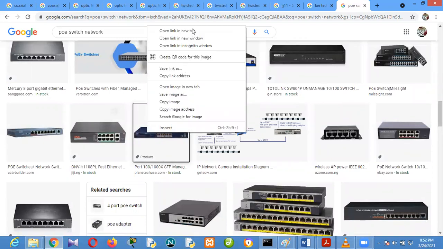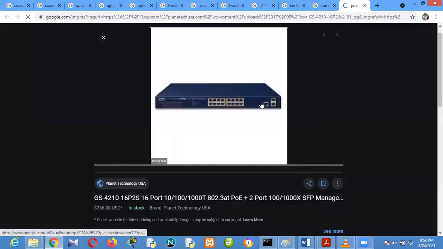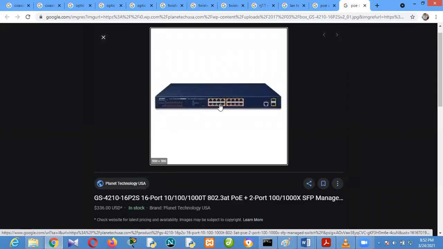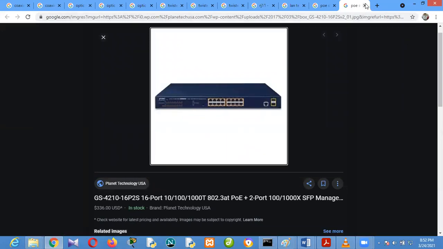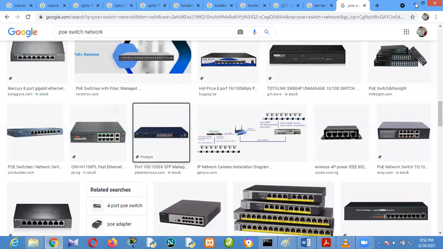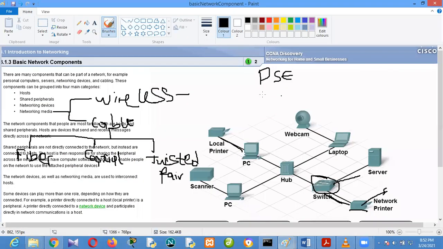If you check the switch, you will see somewhere that is written PoE. I don't know whether we can zoom this, but it's always written in front. When it is tiny, you can't see it. So every device, switches like that or a router that is PoE, means it can give out data and power at the same time. Those devices are referred to as PSE, power source equipment.